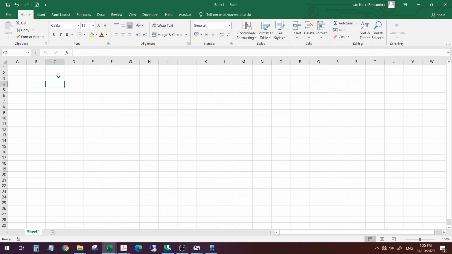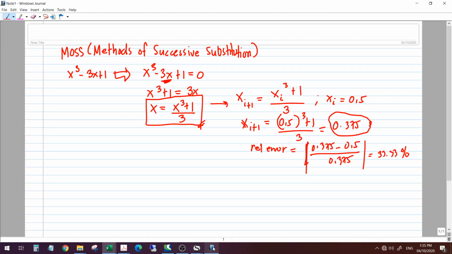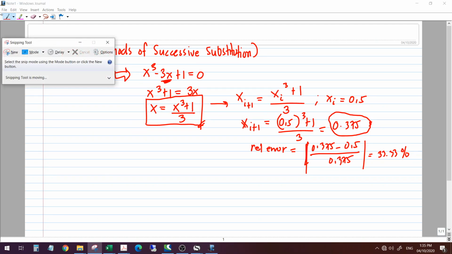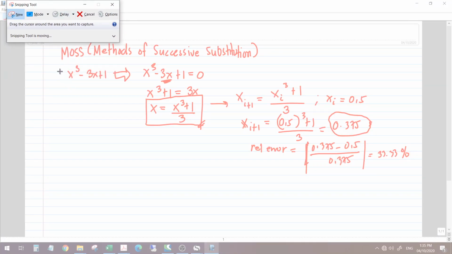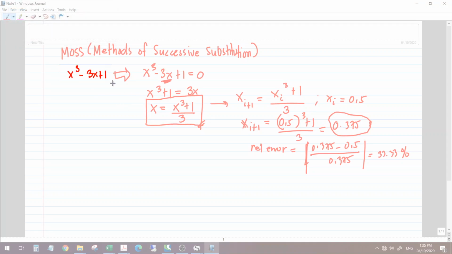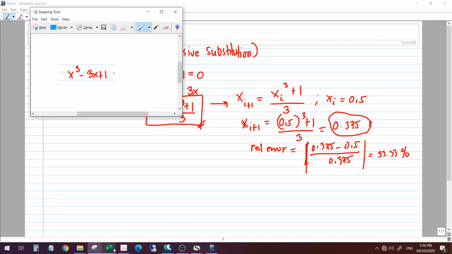Okay, so let's set up the equation, which is x cubed minus 3x plus 1.